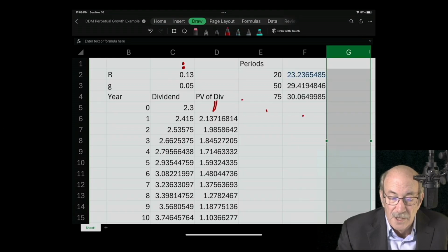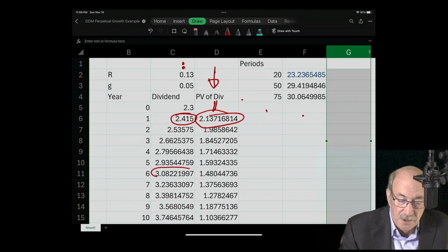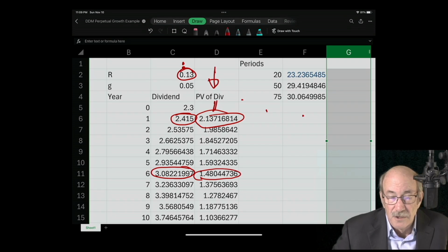So in column D here, this is the present value of this value. So all the way down here, you'll see that $3.08 that we have as dividend 6, the present value of that at 13% is $1.48. You can check that out with your calculator just to make sure that I've got the right numbers here.